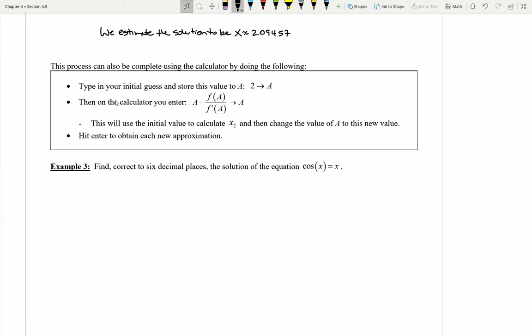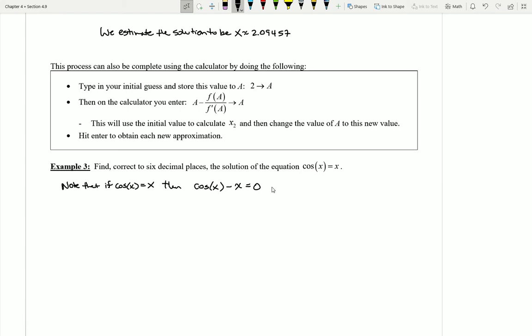So I'm going to start here by trying to understand how I can get a function to be equal to 0. How can I see that as the goal of this question? First, note that if the cosine of x is supposed to be equal to x, then what we really want is for the cosine of x minus x to be equal to 0.